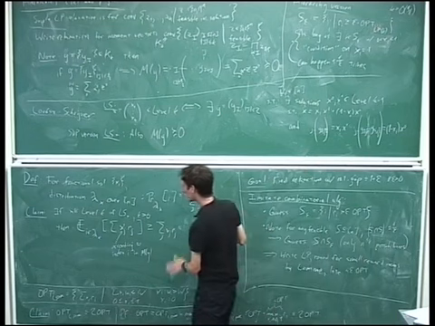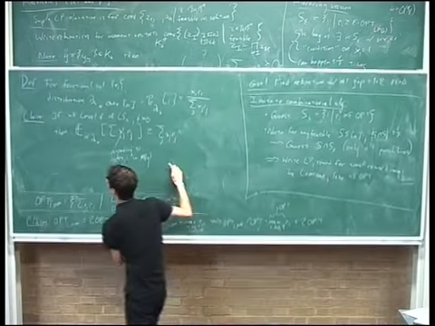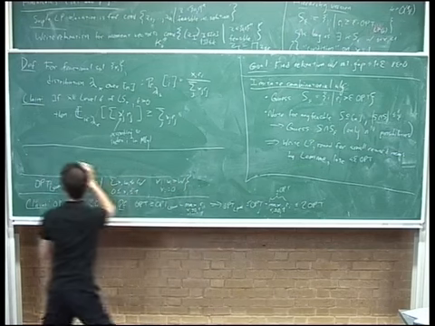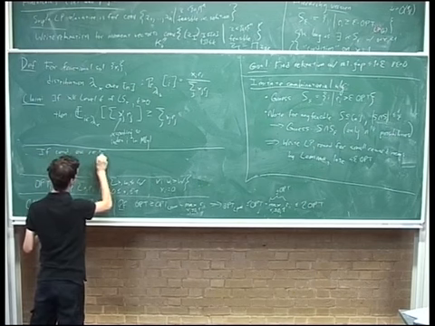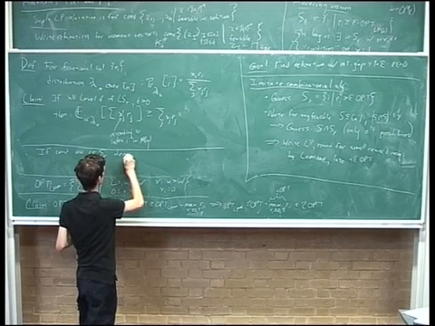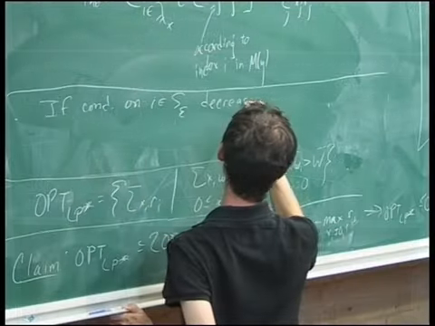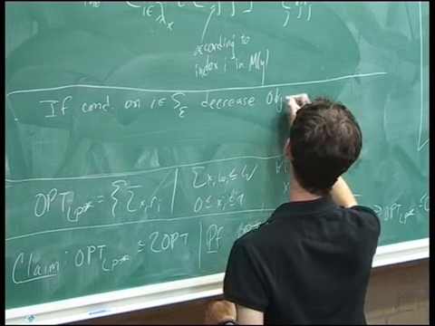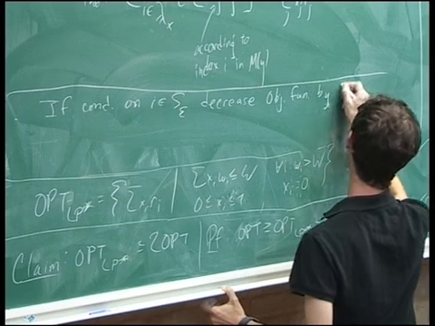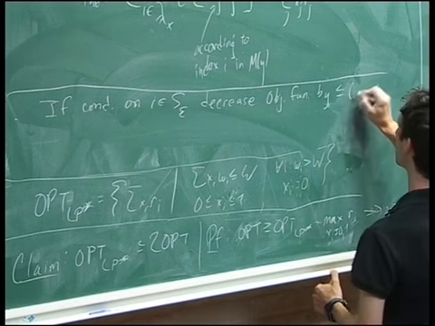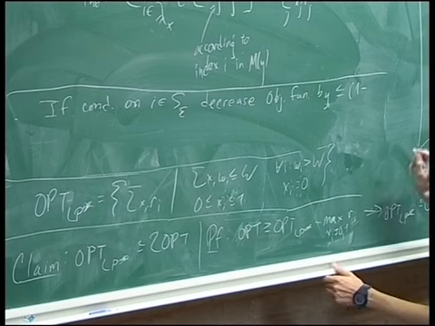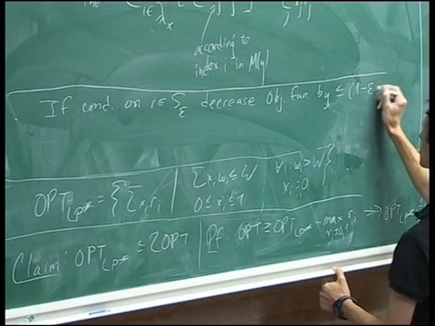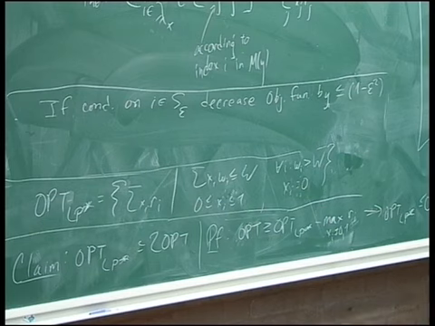So now this is very strange. What we're going to do is, okay, so if conditioning on I in S epsilon decreases the objective function by, say, at most 1 minus, and we're going to take, let's say, order epsilon squared, something like that, then this is fine.